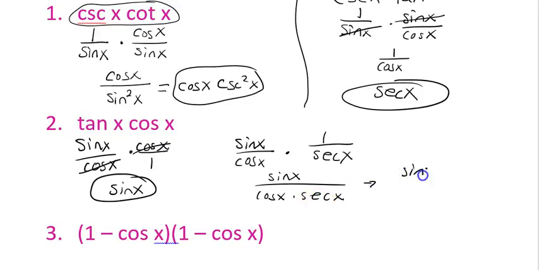So you have sine over cosine times 1 over cosine. And then those will cancel and you have sine over 1. You'll get to the same answer, it's just a lot more work. And that's why I say in my suggestions to turn things into terms of sine and cosine. So if it's already sine or cosine, don't mess with it. But if it's not sine or cosine, turn it into a fraction that has sine and cosine in it.